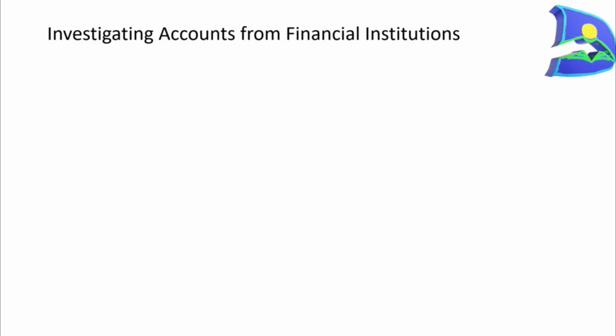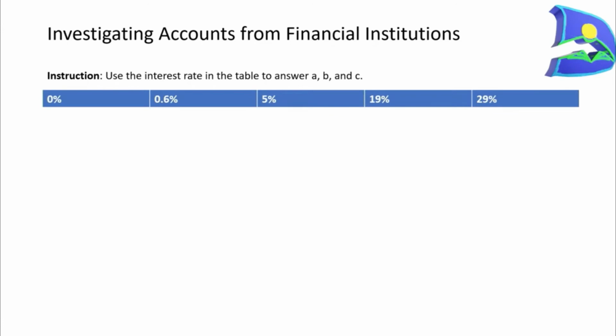So that is it in here, and the next question here is looking at the various interest rates in the table. This table right here, we have interest rates of 0%, 0.6%, 5%, 19%, and 29%. We're going to look at various accounts and see which ones fit into those specific account interest rates.